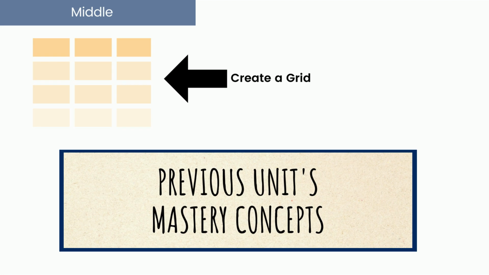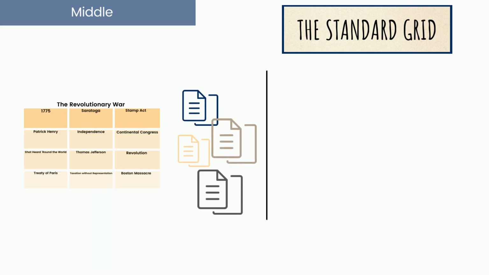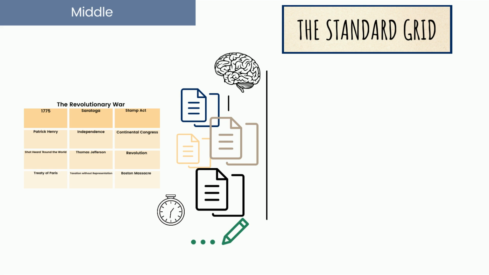The teacher will create a grid using a previous unit's mastery concepts. For instance, if in a previous unit we studied the Revolutionary War, the grid might look like this. Next, teachers would hand out the grid to each individual student and have them brain dump everything they can remember about every concept for about 5 minutes.